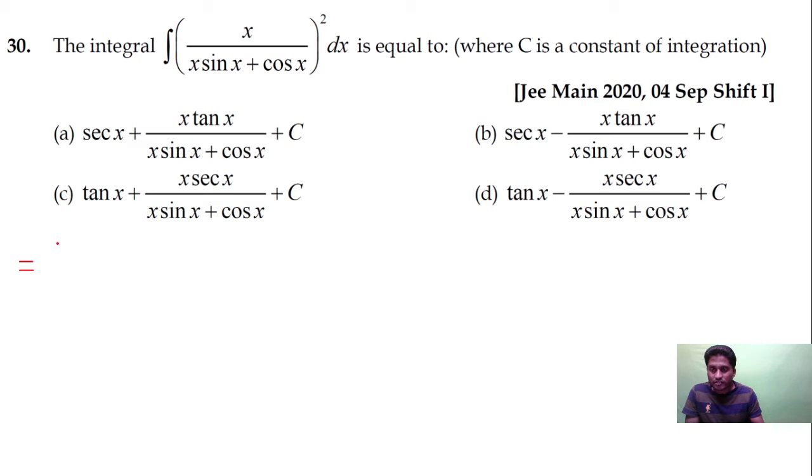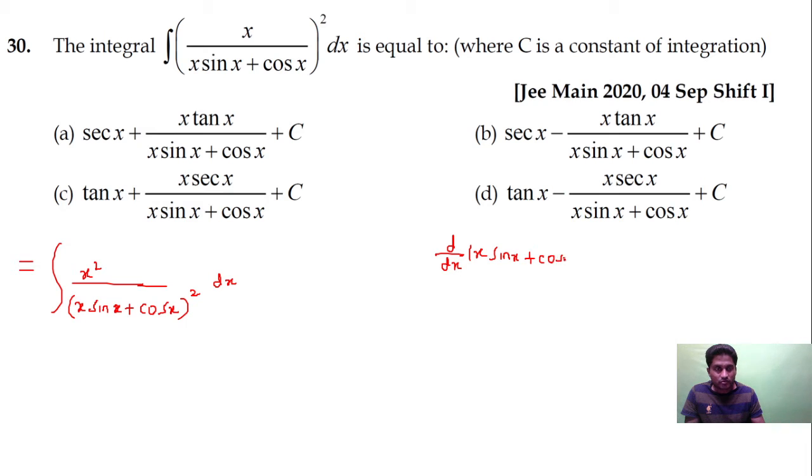Okay, now integration of x square upon x sin x plus cos x the whole square, dx. Right, now suppose we have d by dx of x sin x plus cos x.